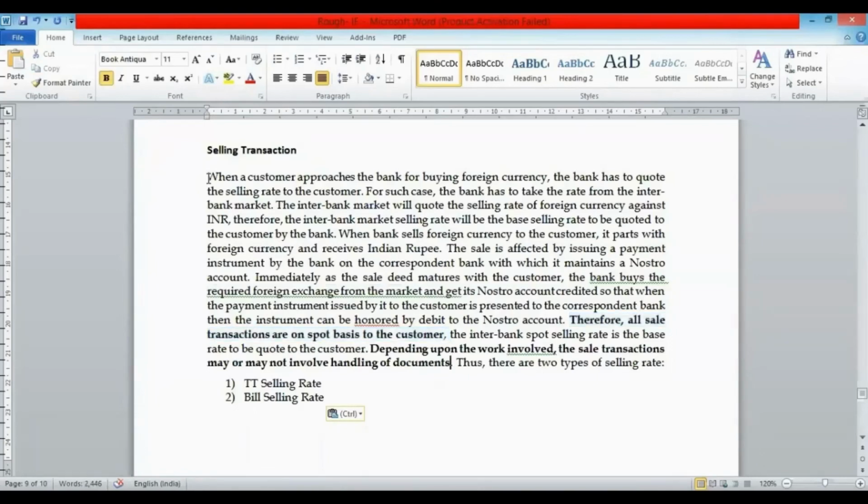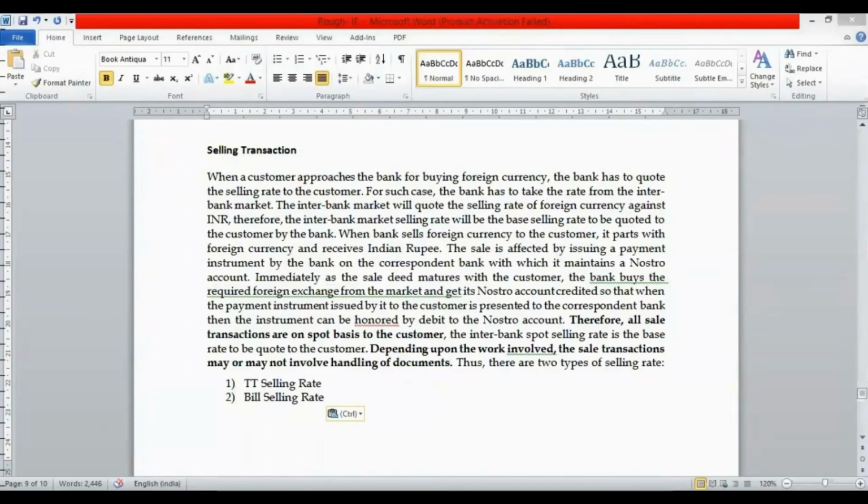And as you are aware, there will be two types of selling rate: TT selling rate and bill selling rate. And you are also aware that TT is going to deal with all electronic transfer.